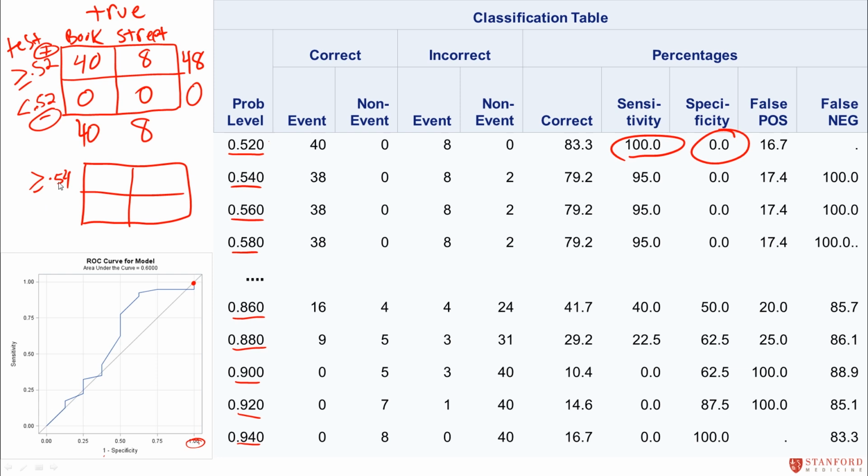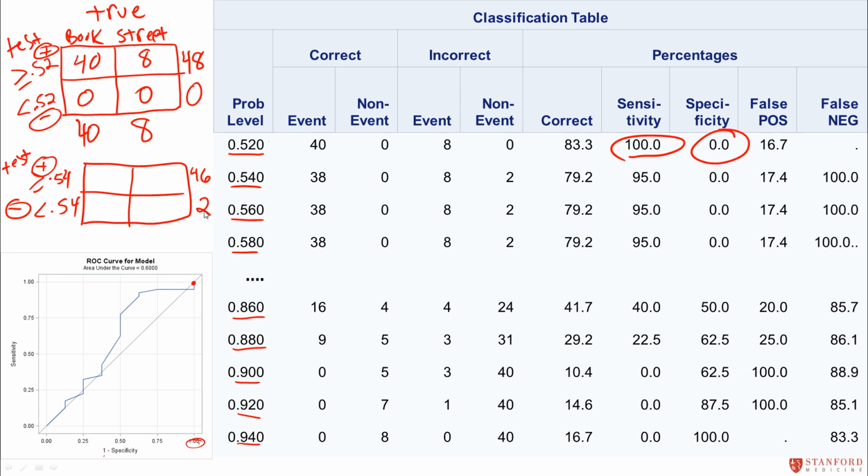That's our positive test. Our negative test, now there are a few who are below 0.54, and they're counted as negative on this test. So we end up classifying 46 people as book smart according to our test, but 2 as street smart.